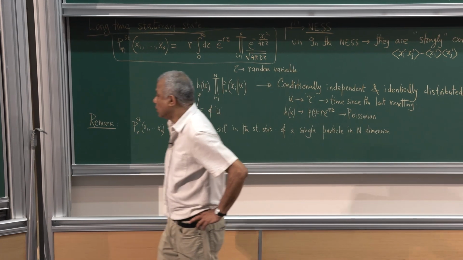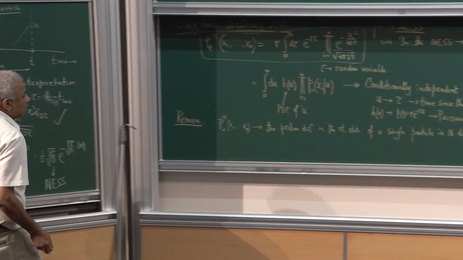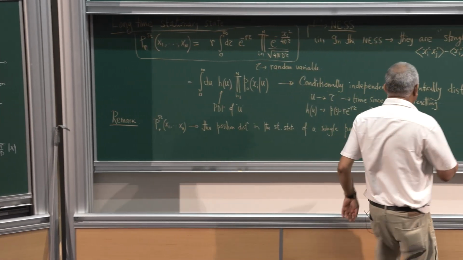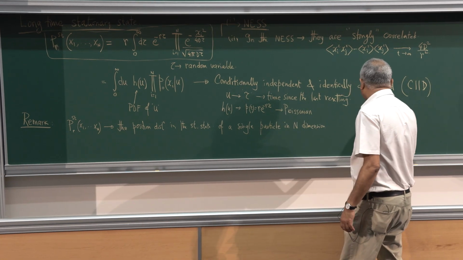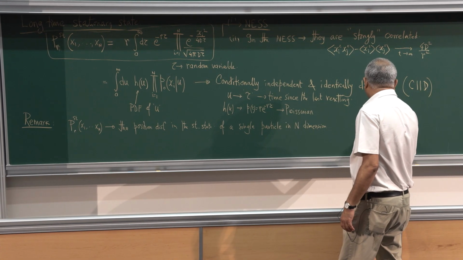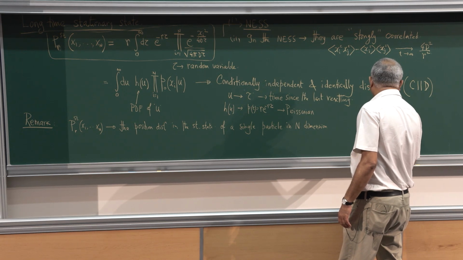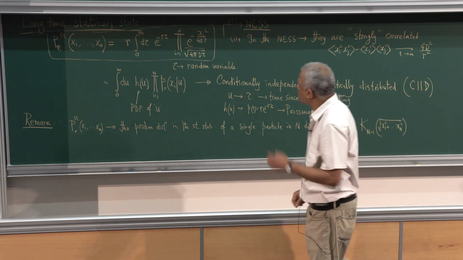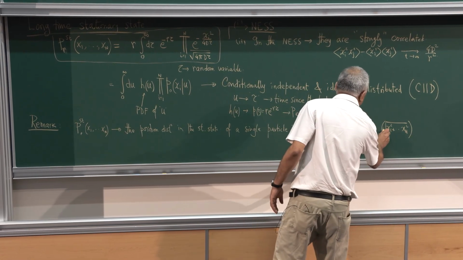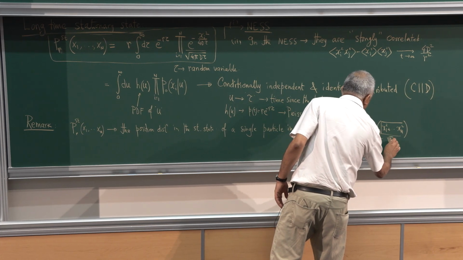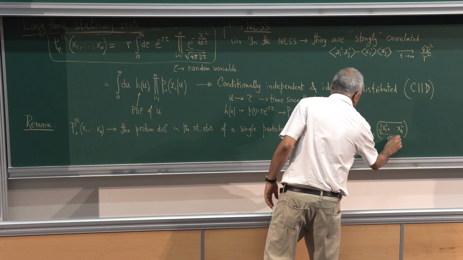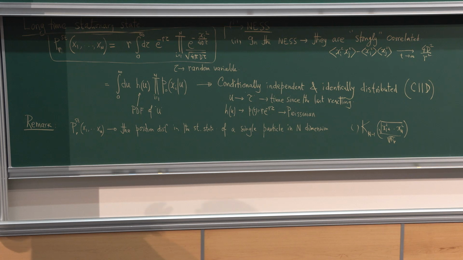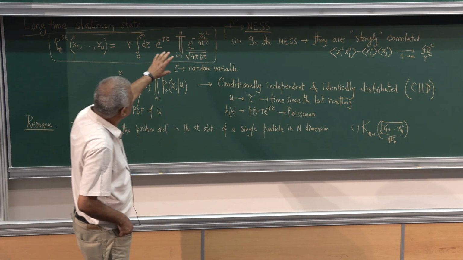In one dimension the integral is very simple. In any n dimension you can actually do this integral, and it is some modified Bessel function with index n minus 1, with the square root of p over r somewhere. Maybe there are some factors which I don't remember. But anyway, you can do it.